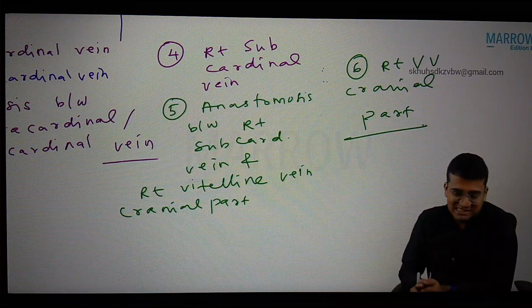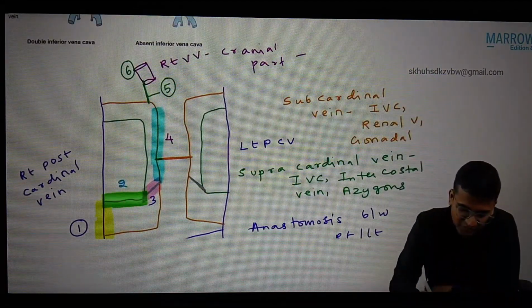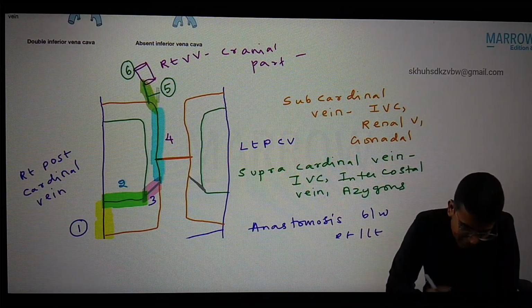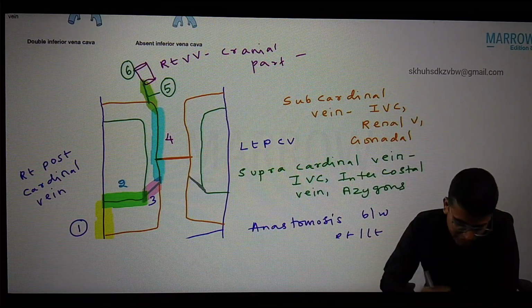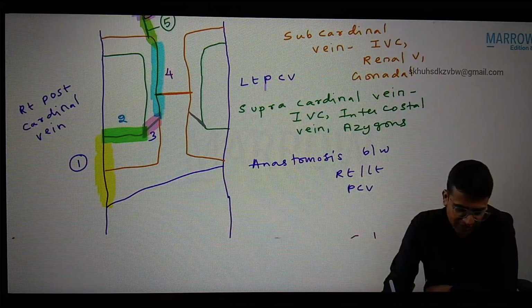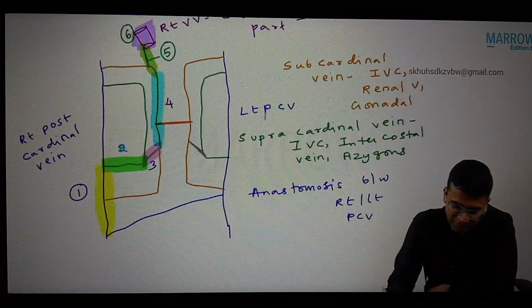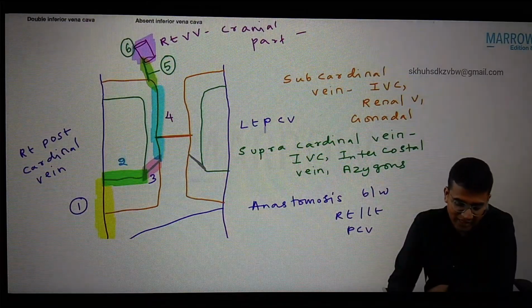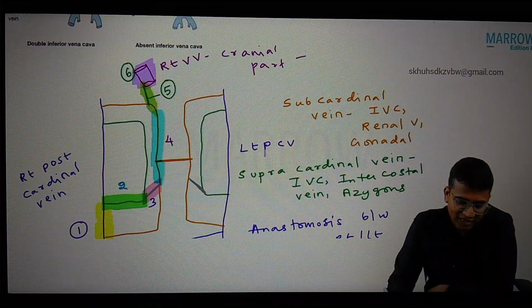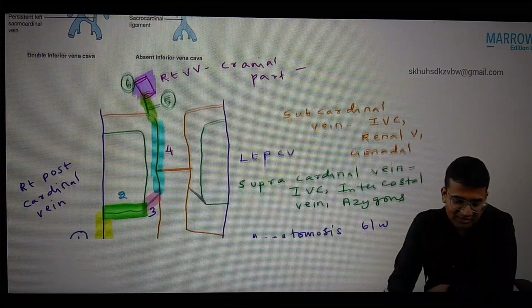Okay. So these are the 6 contributions for the formation of our IVC. So these 6 sources: the inferior vena cava is coming from right posterior cardinal vein, number 2 right supracardinal vein, number 3 anastomosis between right supracardinal vein and subcardinal vein, number 4 right subcardinal vein, number 5 anastomosis between subcardinal vein and right vitelline vein cranial part, and number 6 right vitelline vein.